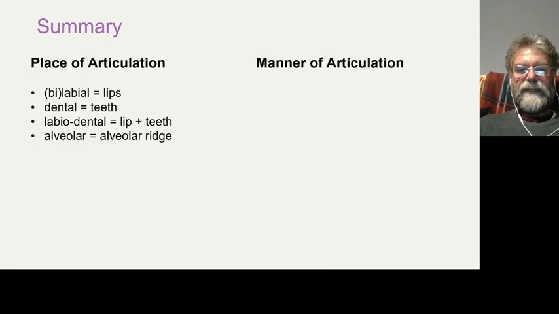Alveolar sounds, obviously, those are the ones that we use the alveolar ridge for, and there's actually quite an awful lot of sounds which we make use of the alveolar ridge for, s being one, t and d being another, r being one, as we've already seen, n, a nasal, is also one. So there's actually quite a lot of sounds made at the alveolar.